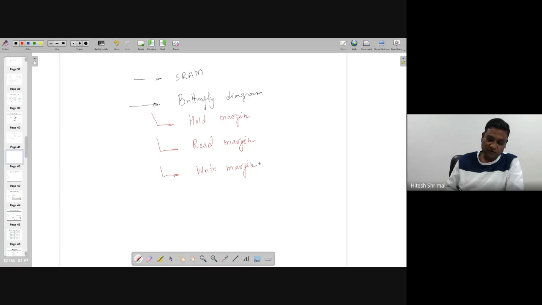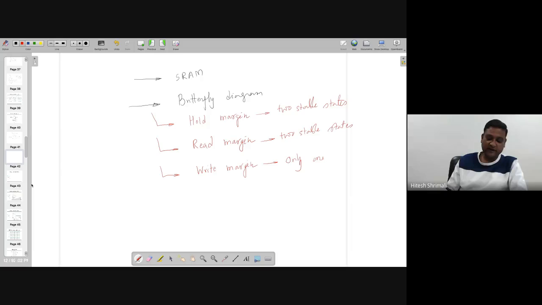We also know that hold margin is going to have two stable states, and for read, again, it's also two stable states. However, in the case of write margin, it's only one state because you are writing only one at a time, so there is not much variation here and there.